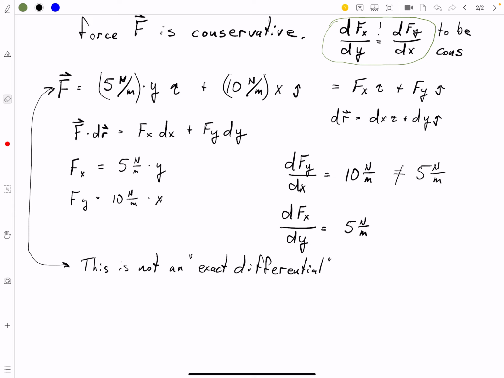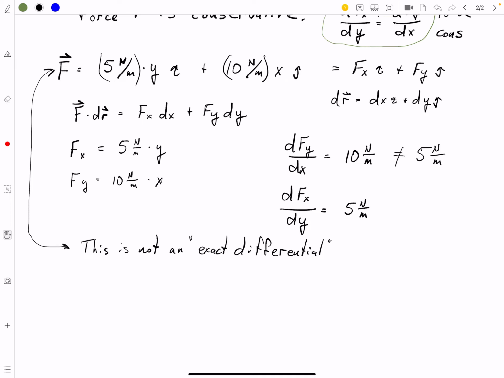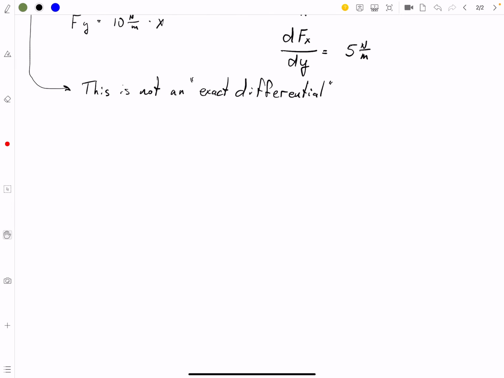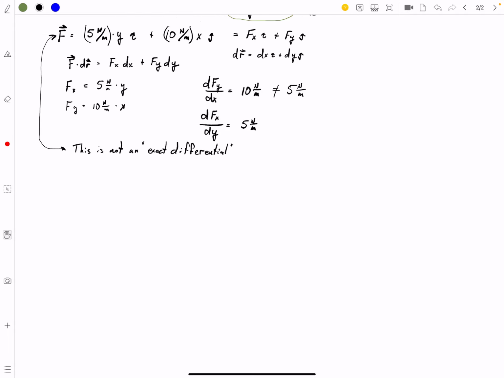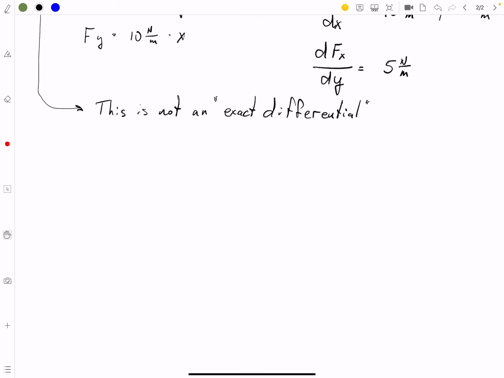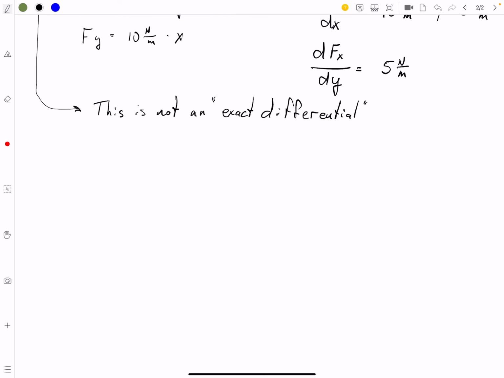So let's talk about exact differentials, and let's learn a little bit about what the heck is going on here, because the world wants to know. So dU, we already, let's zoom back out. Come on. Okay, sorry about that. We already talked about how U is our potential energy, and that equals minus the work done by the force.